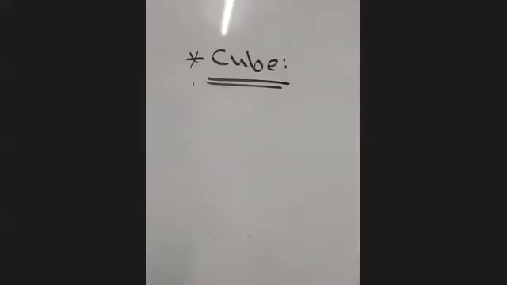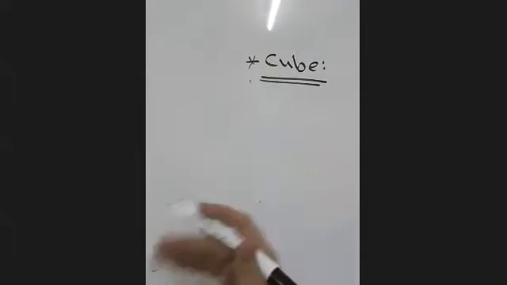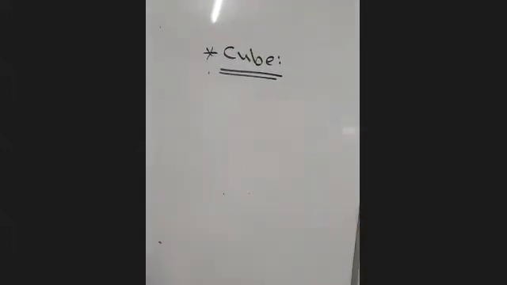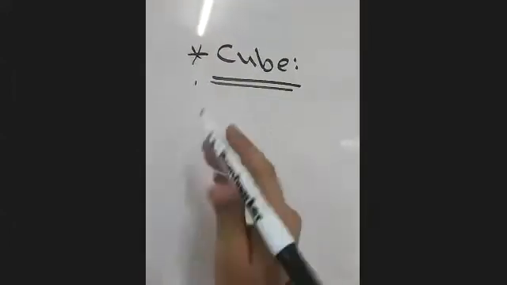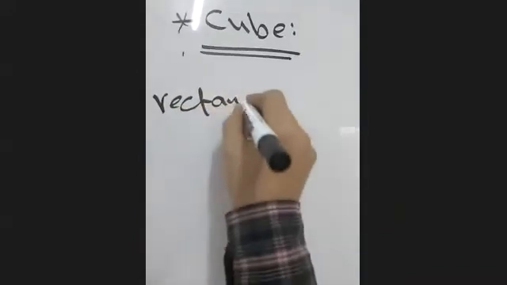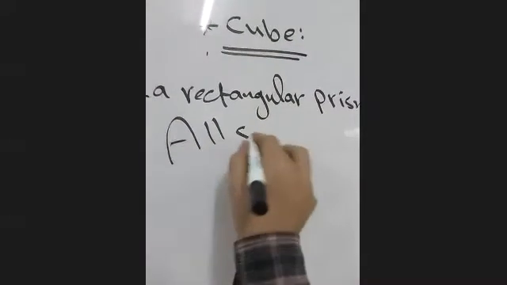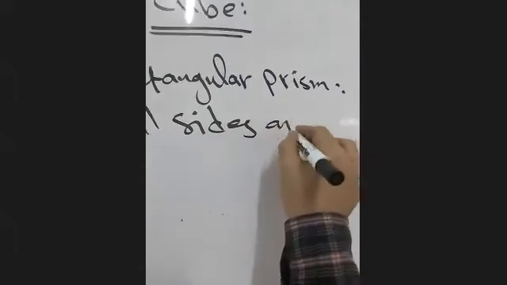Again, guys, I forgot to tell you about the cube, and this is related to the previous lesson, not today's lesson. Now, the cube is a rectangular prism, but all sides are equal.